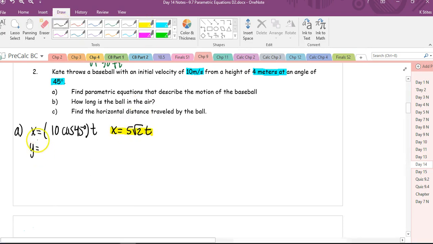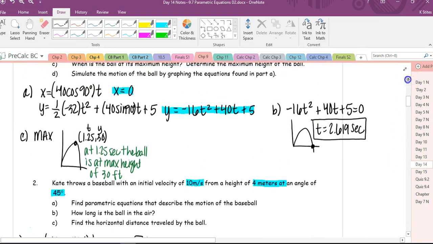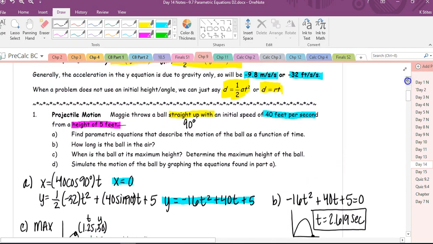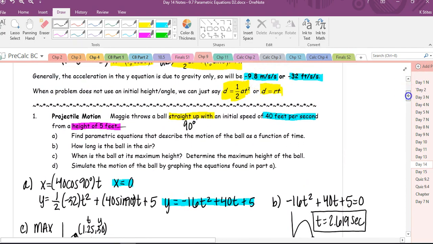And then your y is negative 1/2 at squared. Technically it's 1/2 at squared, but your a is always negative. Since we're in meters per second, a is going to be negative 9.8.